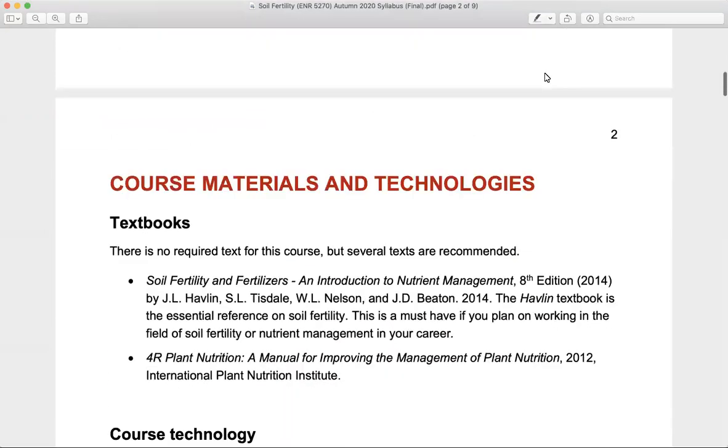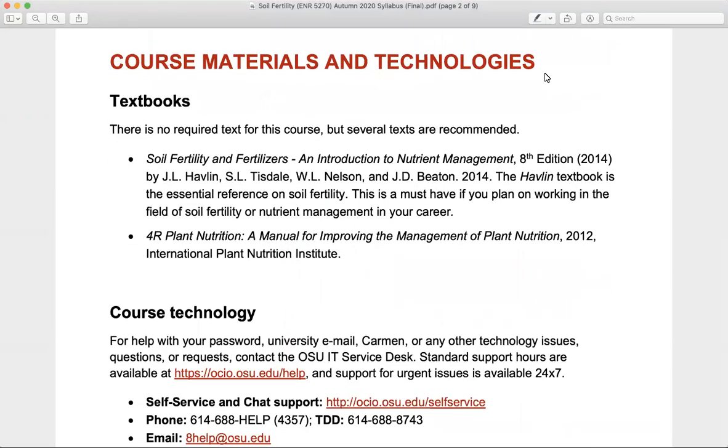In terms of textbooks, there is no required textbook. Soil Fertility and Fertilizers by Havlin, in its 8th edition, is essentially the Bible, the best textbook out there for soil fertility. It's really an essential reference.